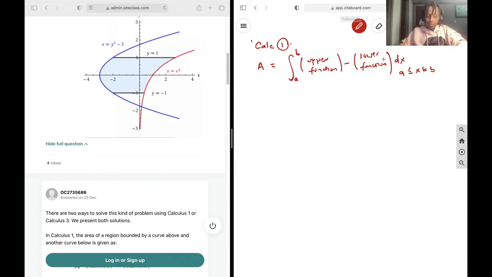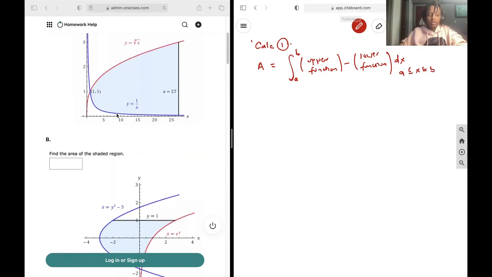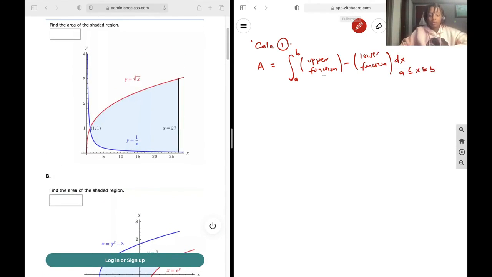So a good way to visualize this case is case A, where you do have your upper function. So this is going to be y is equal to the cube root of x. Your lower function is going to be y is equal to x to the negative 1, so 1 over x. And the functions are bounded by x is equal to 1 and x is equal to 27.